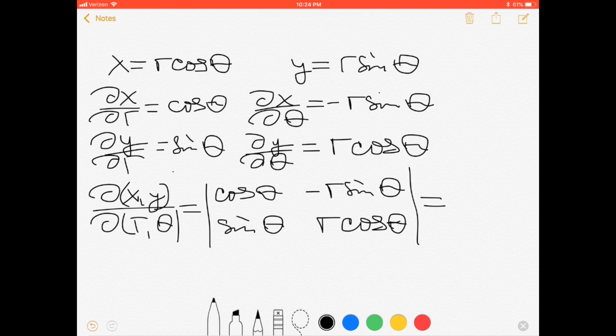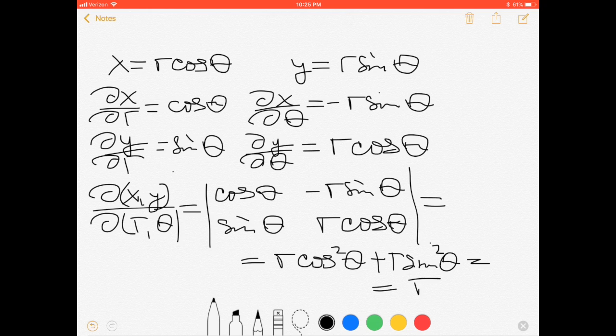And if we count, it will be r cosine squared theta plus r sine squared theta, which gives us exactly r, because r taken out, cosine squared plus sine squared equals 1. You see, this means now we understand where these formulas come from.